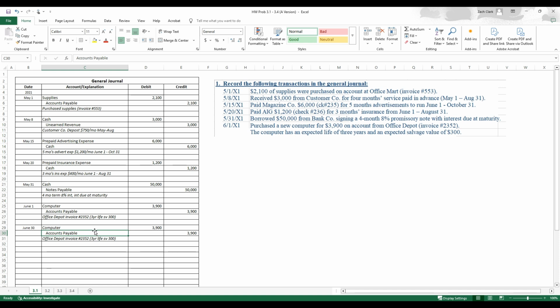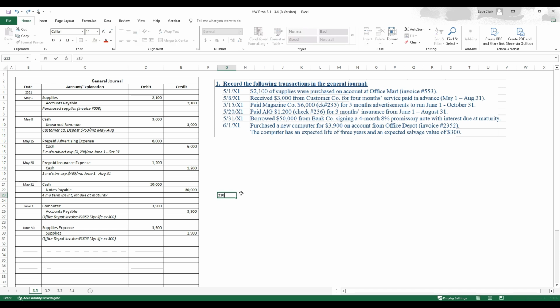So we need to adjust down the supplies asset account. So we originally debited it to increase, but now we're going to credit it to decrease it. And we'll take the 2,100 minus the 200 left over. So now we've got 1,900 that we're going to reduce the supplies asset account by.